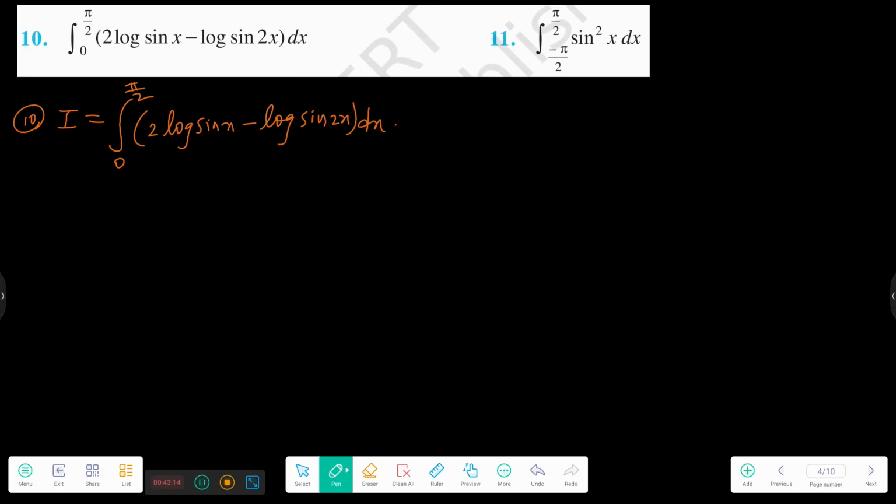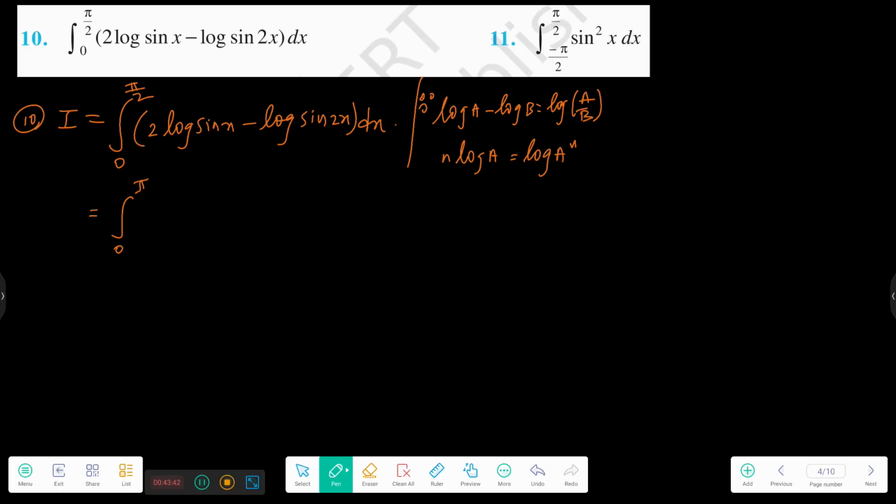There is a formula like log A minus log B, which we can write as log A divided by B. We can use this formula, but the 2 is a disturbance here. The 2 is not there, so we will take the 2 to the power. The formula is also n times log A can be written as log A to the power n. That one I am going to use.